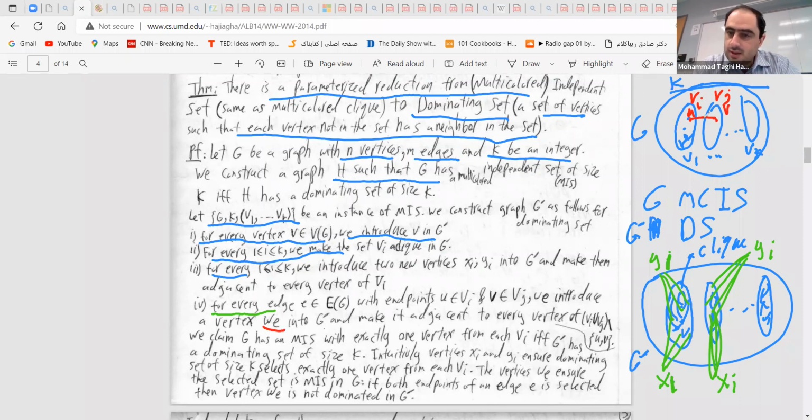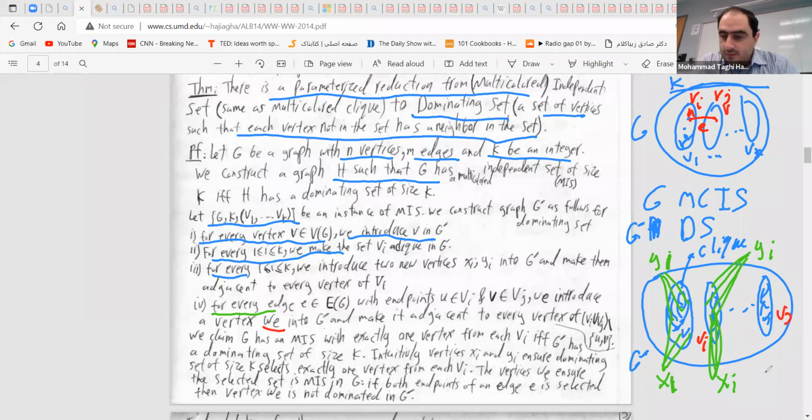And say this edge is E. So we are adding a vertex here. So this is, say, Vi, and say this is Vj.